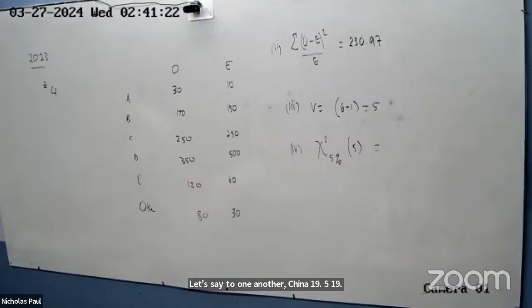2019 number 4 part B. You can send back 19 in the group now. Okay, let's slide up.